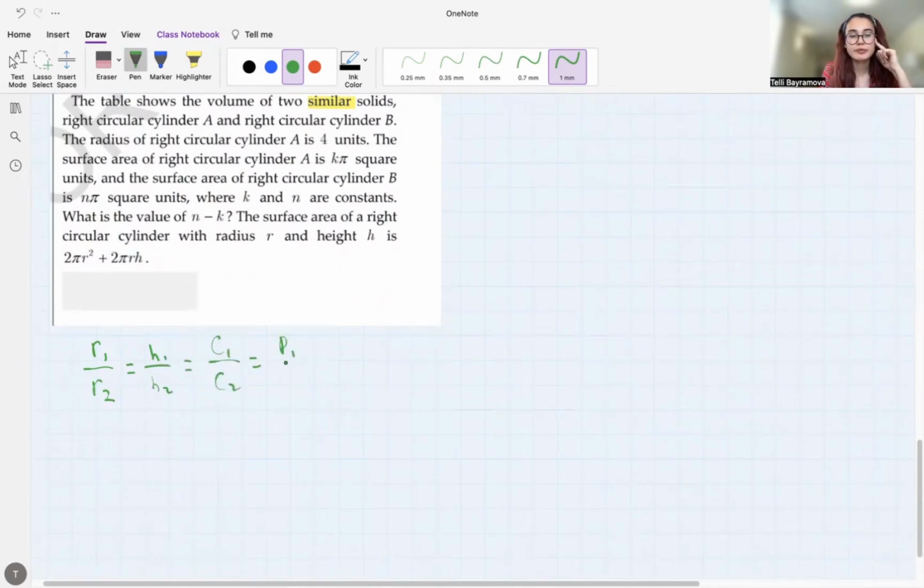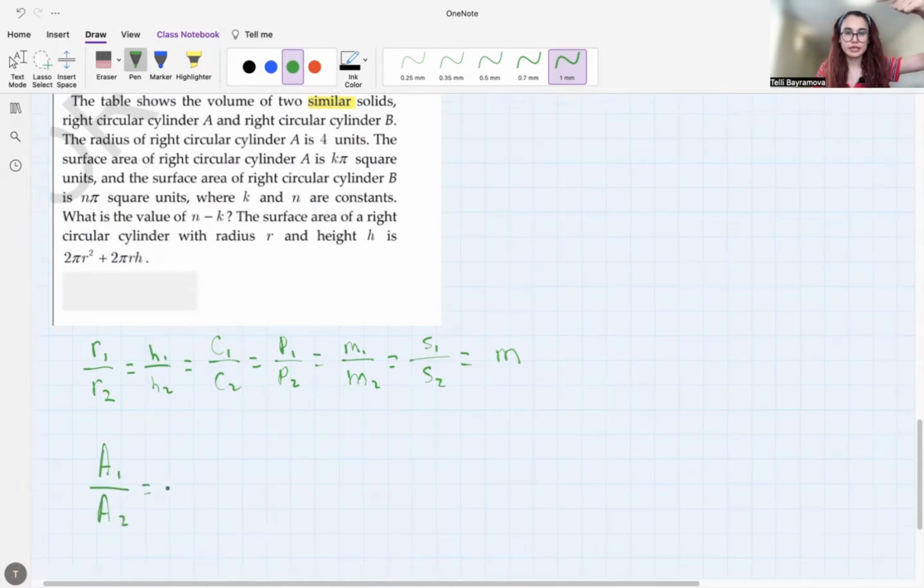You can say perimeter 1 over perimeter 2, or median 1 over median 2. Actually, in SAT we rarely see median. In any case, side 1 over side 2 equals m, any constant. So area 1 over area 2, guys, is the square of it, because we can find the area by squaring that.